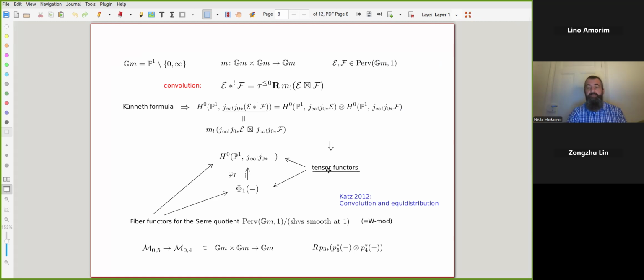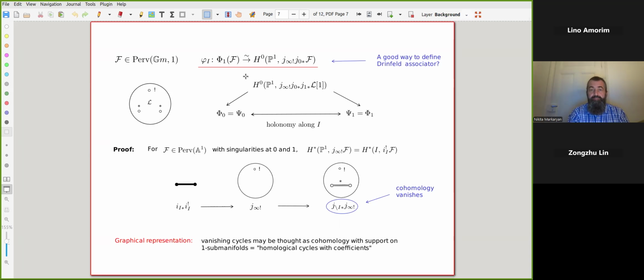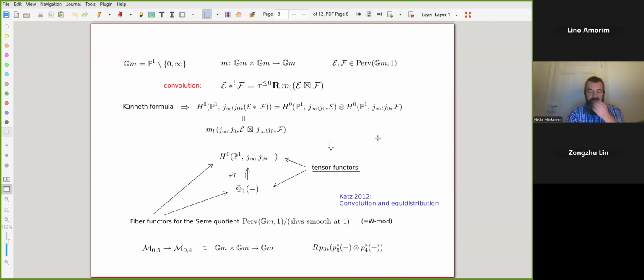This statement appears, in fact, the only place where I found that it appears is Nicholas Katz's book, Convolution and Equidistribution, where he uses this category for some absolutely different reason, for some number theory.